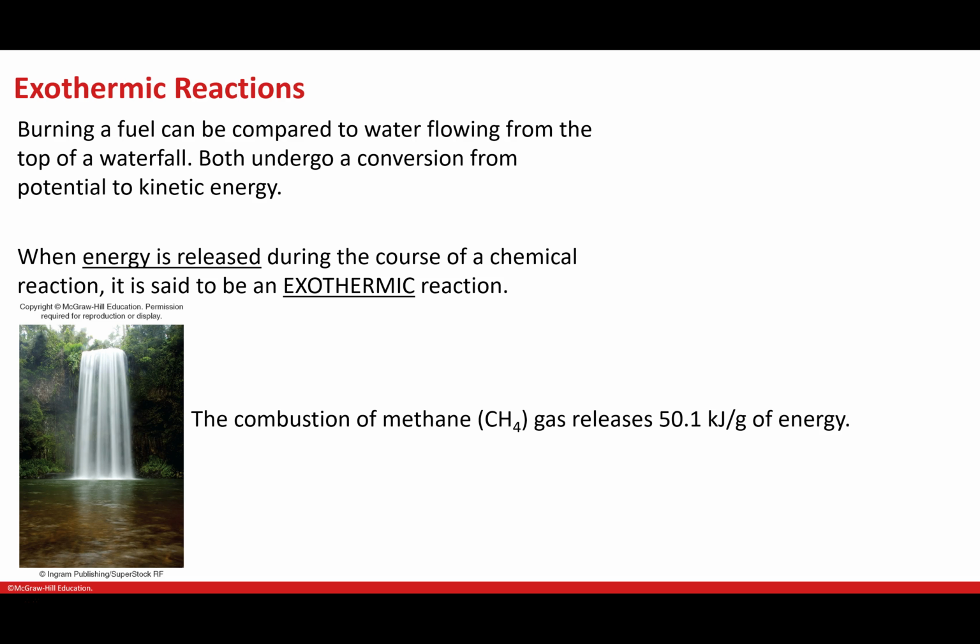So for instance, if we burn methane, CH4, it's going to release 50.1 kilojoules of energy for every gram of methane that you combust. If we convert from grams of methane to moles of methane, same chemical reaction, you're looking at 802.3 kilojoules of energy per mole of methane that's burned.